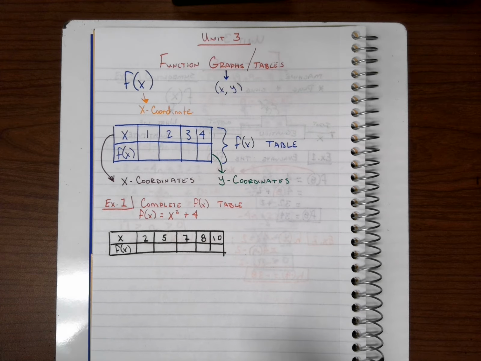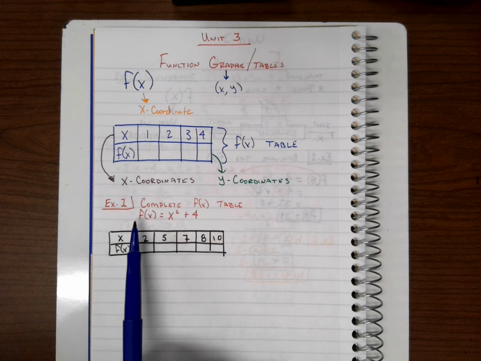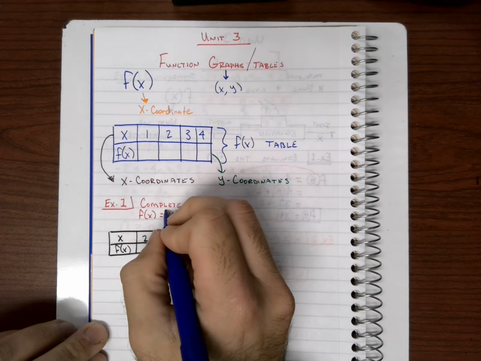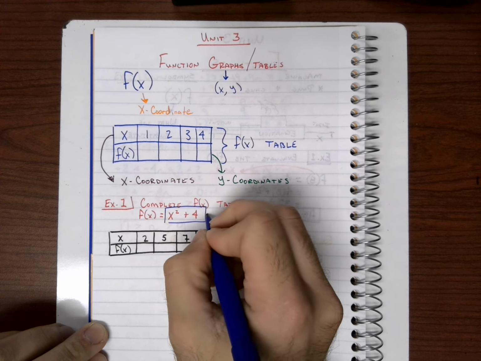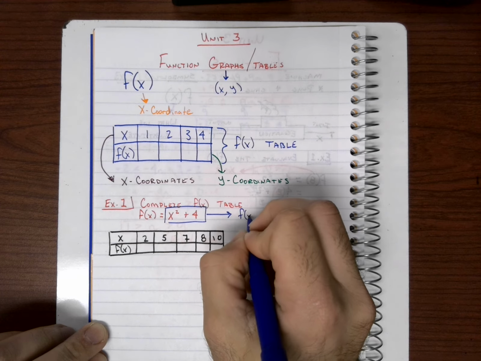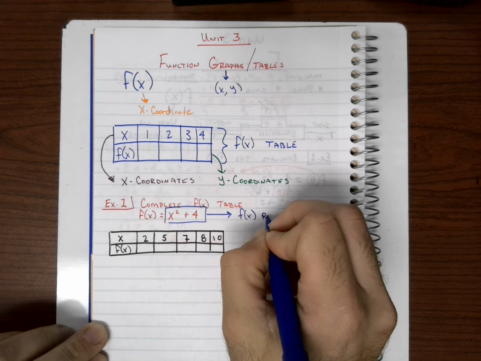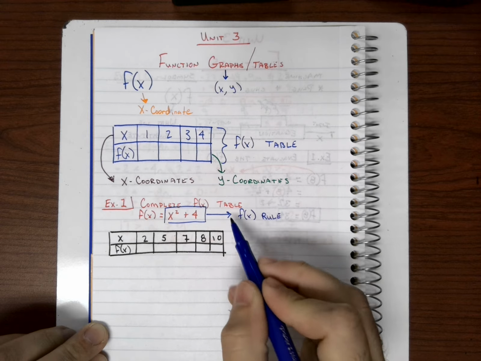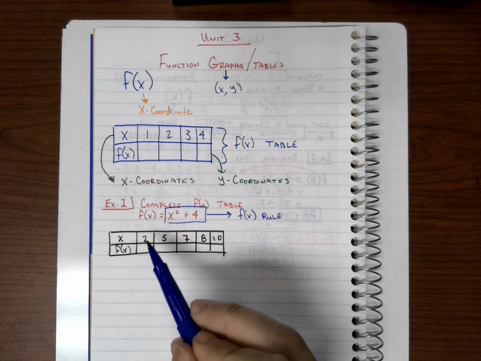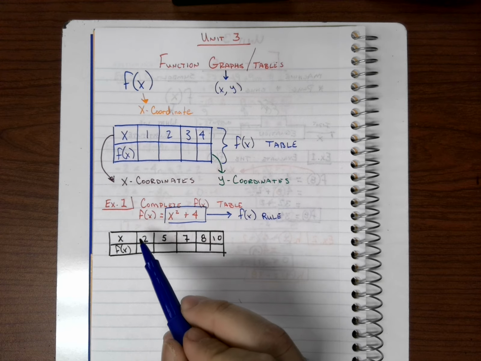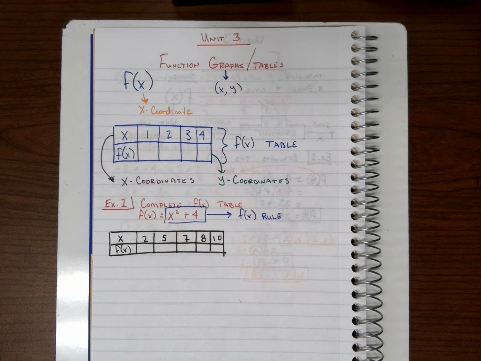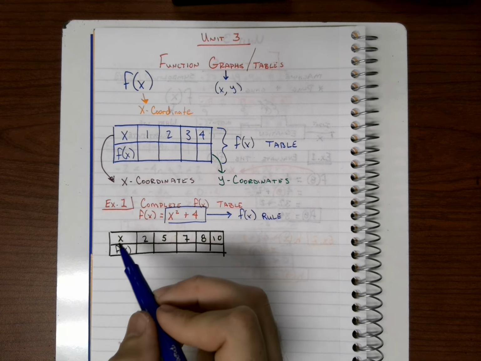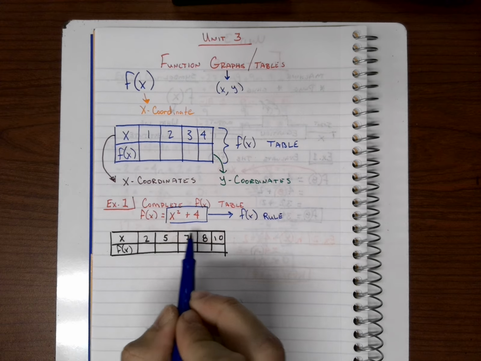So what we're looking for here is we're going to use our function rule. This right here, this is called your function rule. This tells us the operation or the machine that we need to use to substitute in, solve, and get our y coordinate. So whatever's up here is your x values.